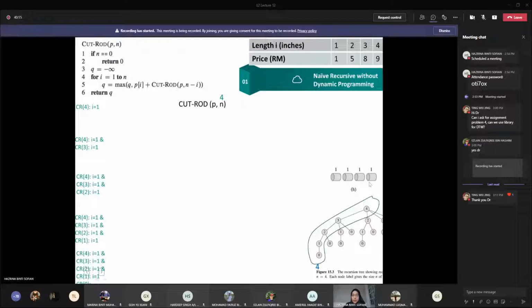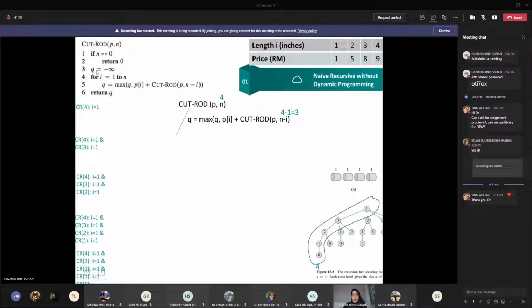So how this works is, first we call the cut rod. This is the price and this is the N. So our N is 4. N is not 0, so we can proceed with line number 3.